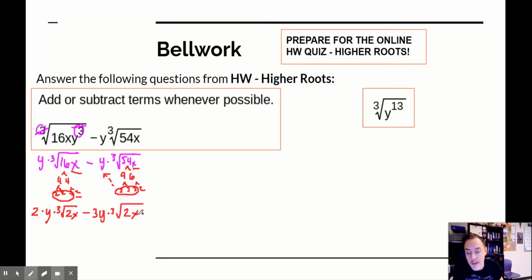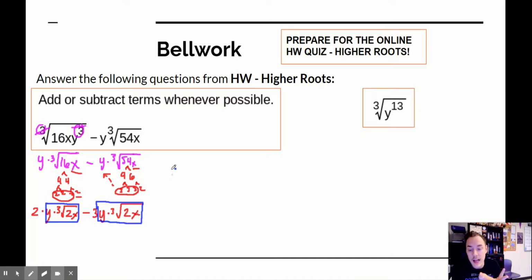Now, when I have this, I start noticing a couple things. I should notice that these are pretty much the exact same thing, as I'm boxing here. What's different is the number attached to all those variables, specifically 2 and then negative 3. Since they're the exact same thing, they're pretty much like a variable.